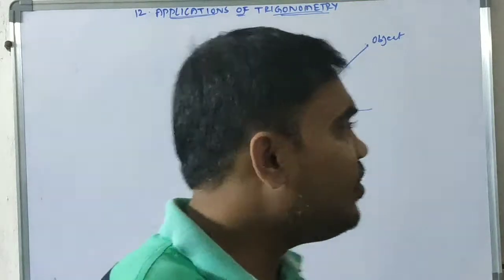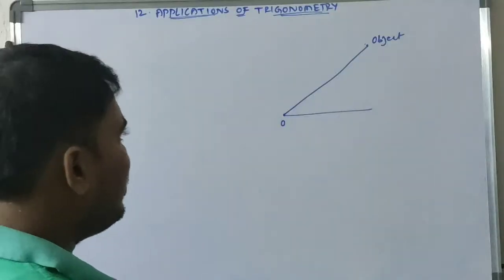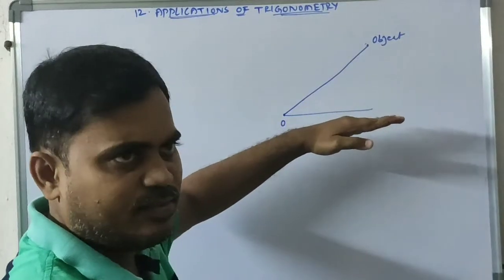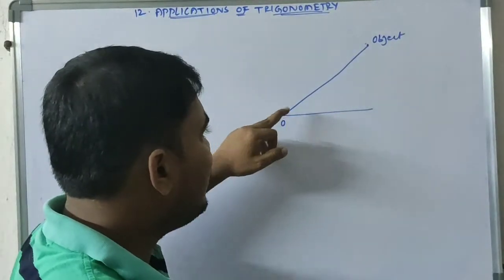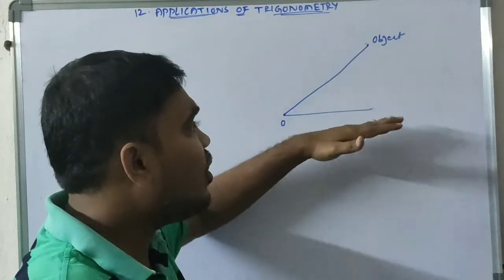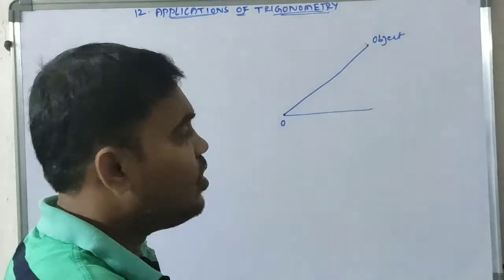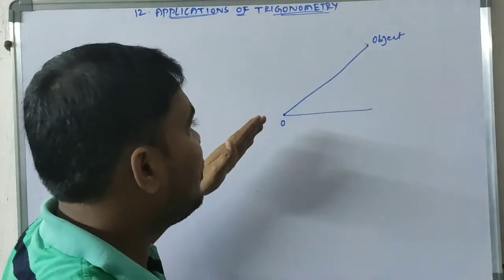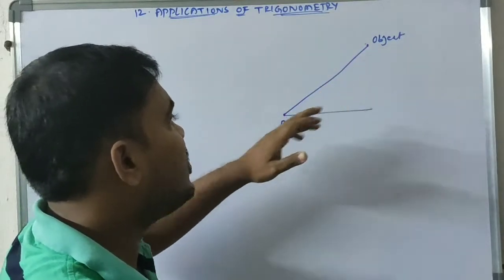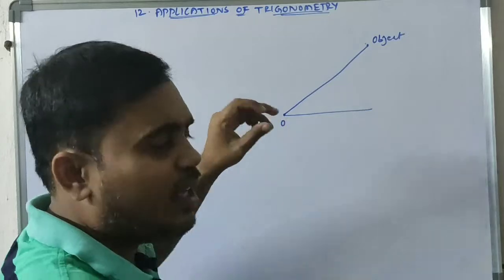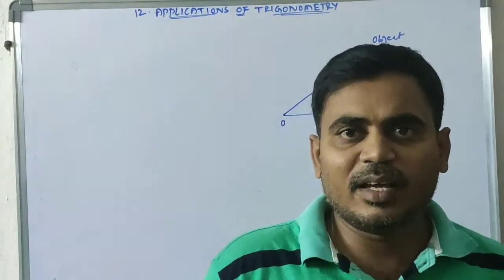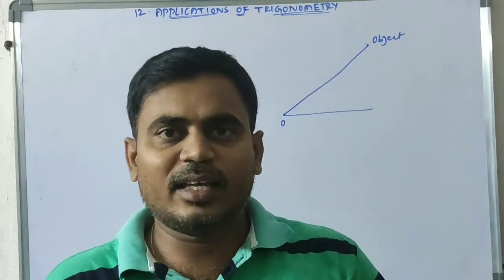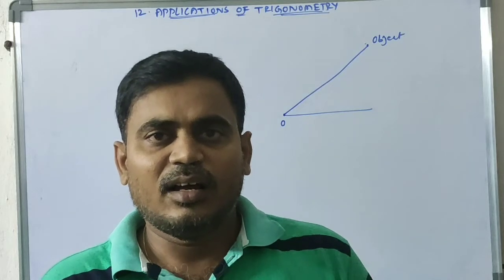This is the horizontal line, and this is the point of observation.